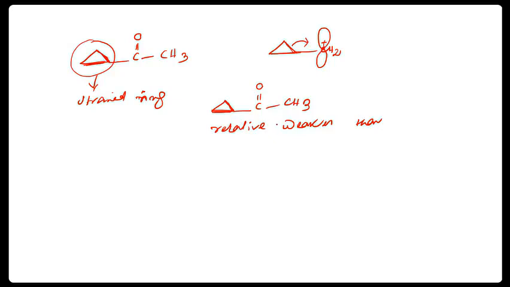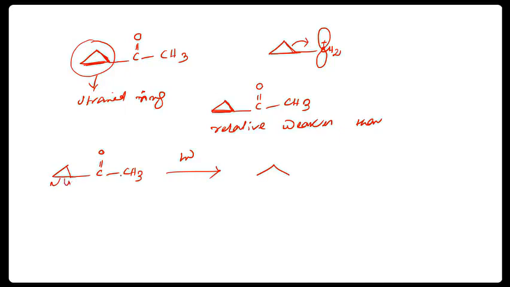Now let us have a look at what happens when it undergoes photoirradiation. C double bond O, CH3, h nu. We have photoirradiated the molecule. Then this bond is going to cleave homolytically, in this fashion and in this fashion.